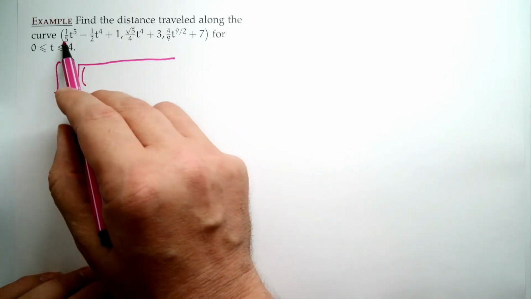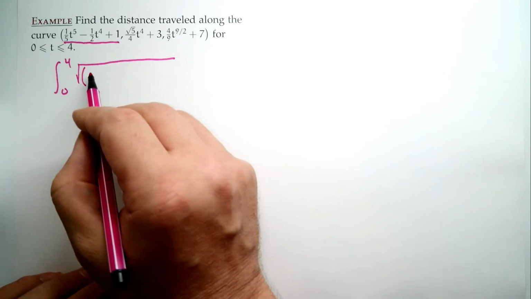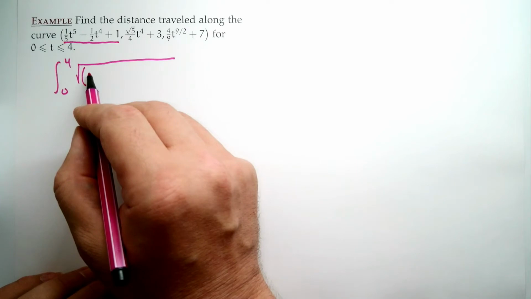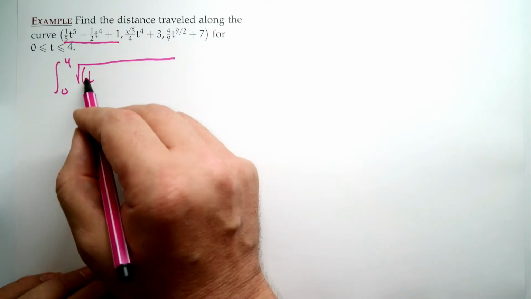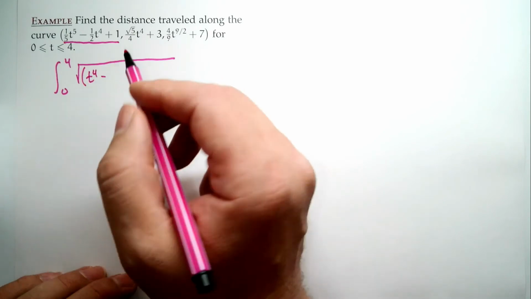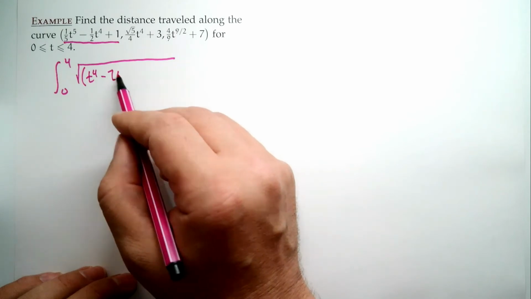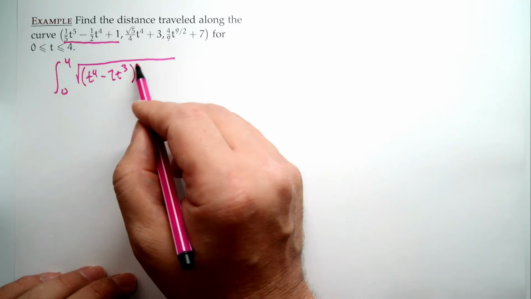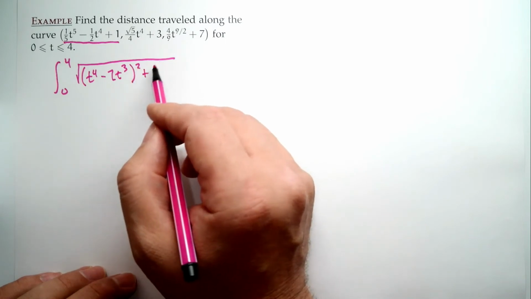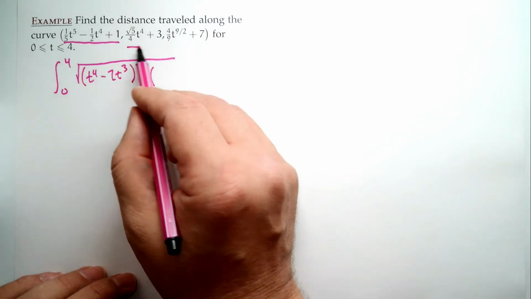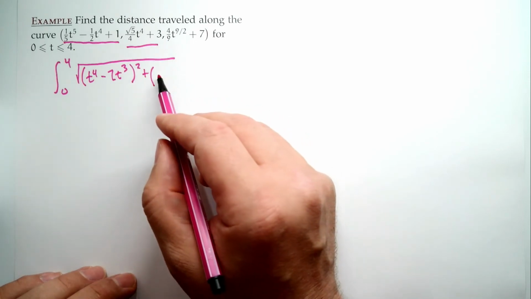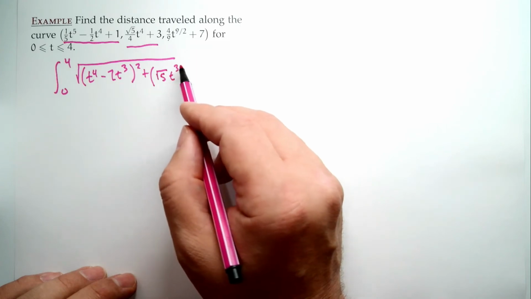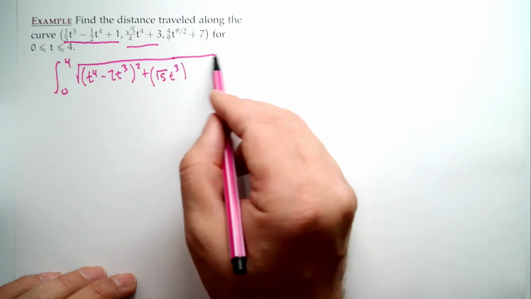What's the derivative of the x entry? t to the 4th minus 2t cubed. And then we're going to square that. Plus, now we go to the next entry. What's the derivative of the next entry? Square root of 5t cubed. That's an unusually specific derivative, but okay.